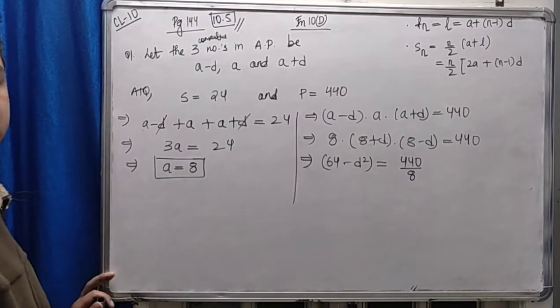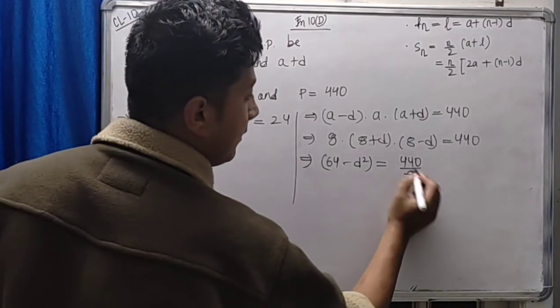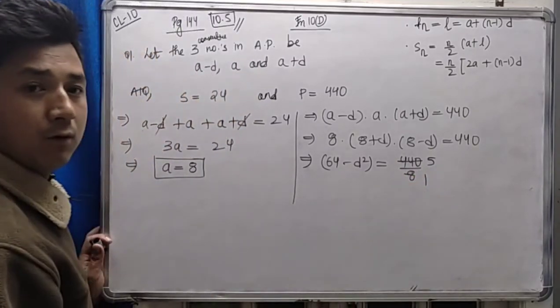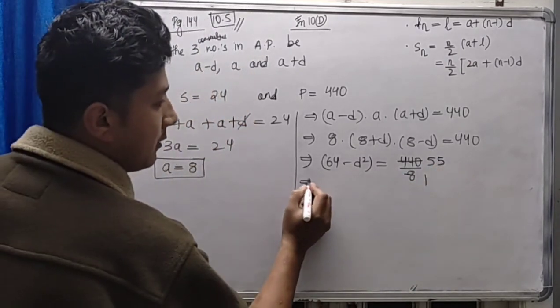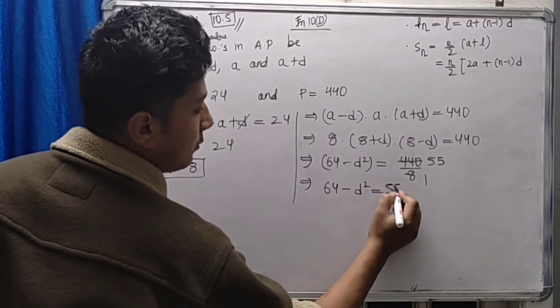So I think it is possible to cancel with 8, right? 8 ones are 8, 8 fives are 40, and then 40, 8 fives are 40. Okay, so 55. So therefore 64 minus D square equals to 55.